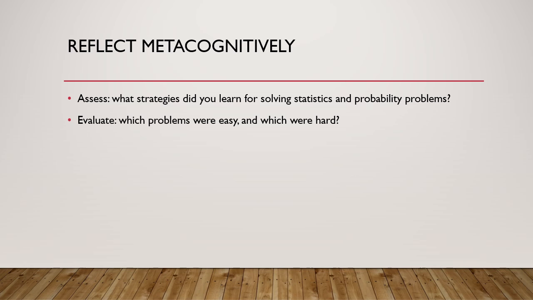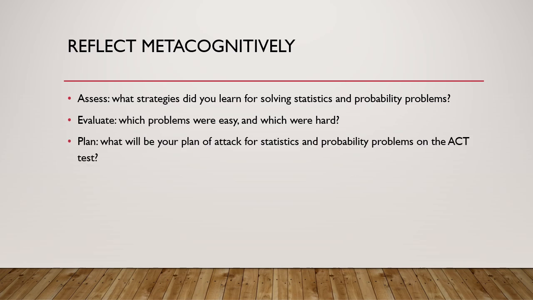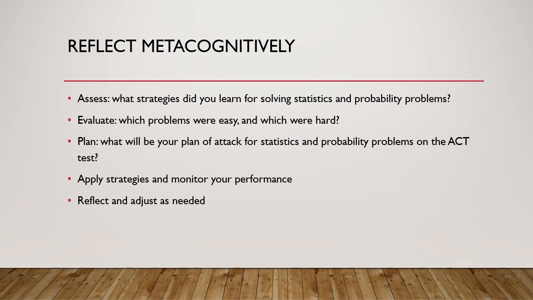What are your strengths and your weaknesses when it comes to statistics and probability? And then make a plan. What will be your plan of attack for statistics and probability problems on the ACT test? Okay, and then remember the last steps. Now that you've taken the whole course, during the test, apply your strategies and monitor your performance so that you can reflect and adjust as needed during the test.